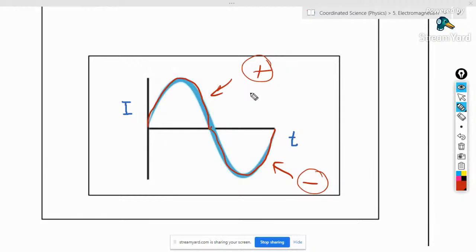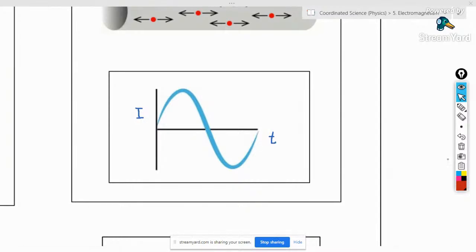All that means is that positive might just mean the current is flowing in one direction, and negative means the current is flowing in the other direction. There's nothing positive or negative about the current. It just means whether it's flowing to the right or to the left. So don't let that confuse you. That's alternating current and direct current.